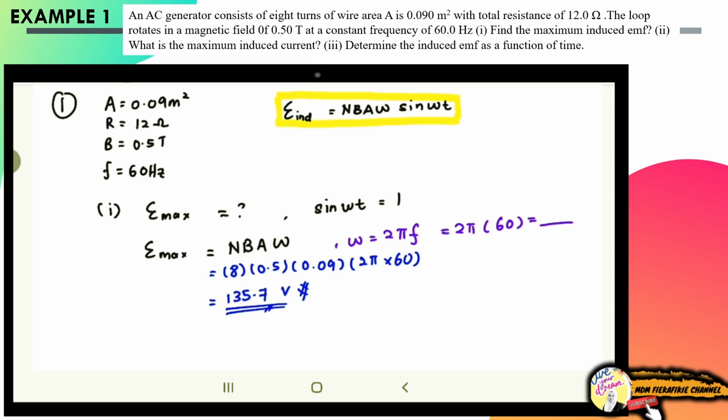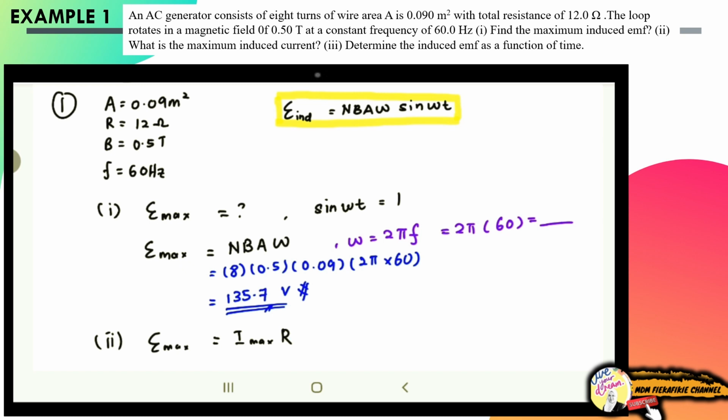Second, what is the maximum induced current? When there is maximum induced EMF, there will be maximum induced current. V is equal to IR, you have met this, based on Ohm's law. So here we also have the induced EMF equal to the maximum induced current times the total resistance in the wire.